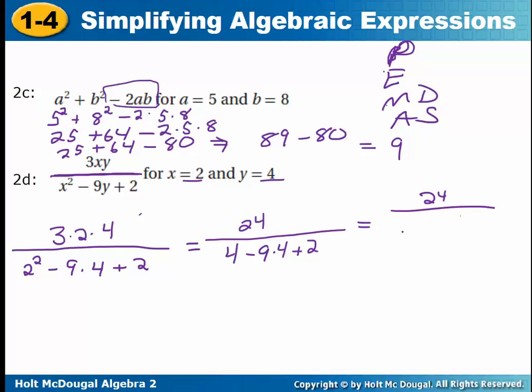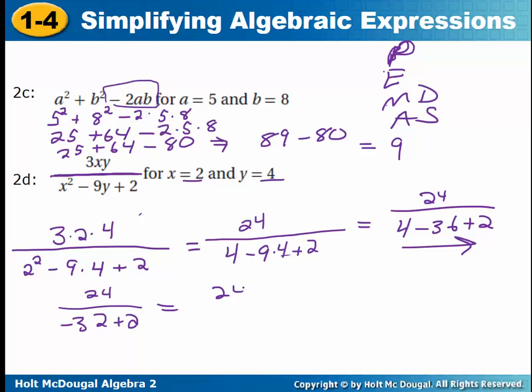Now, as you practice these more and more, you'll start combining steps. So 4 minus, now I'm going to do any multiplication I see, which is 36. And then finally, I can do my addition and subtraction in order from left to right. So 4 minus 36 is negative 32, plus 2 is negative 30, so 24 over negative 30.